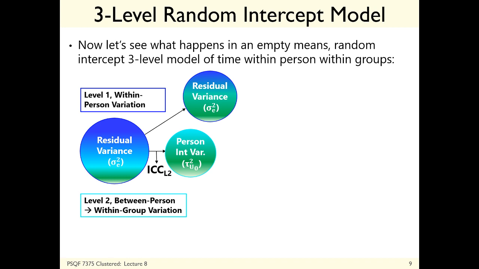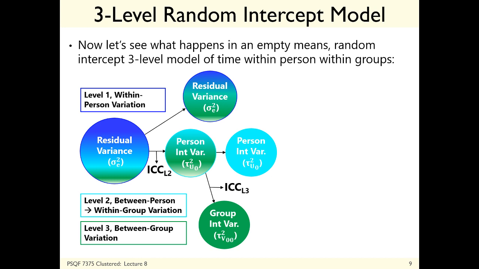Show that again. Of what I called level 2, because people are nested in groups, I also want to know of that total between person variation, how much of it is actually due to groups. So that level 2 random intercept variance itself splits. And now I have what is between groups at level 3 versus what is within groups at level 2.